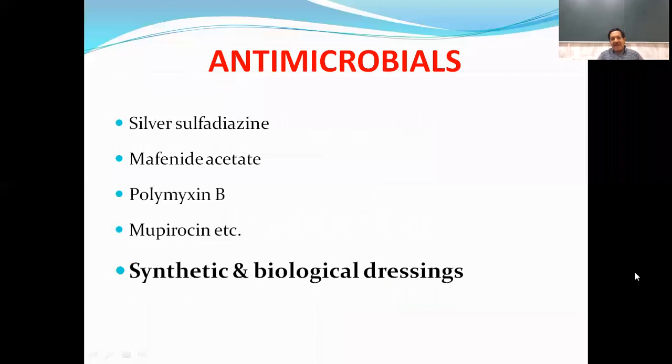Antimicrobials. We have seen how a burn patient is susceptible to infection. But immediately after the burn, the wound is sterile, because of the heat, all the commensals or pathogenic organisms present in that wound get destroyed. As time passes, for the reasons we already discussed, the burn wound is susceptible to many infections.